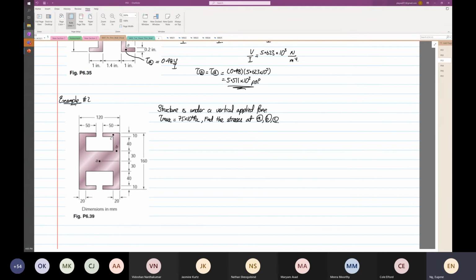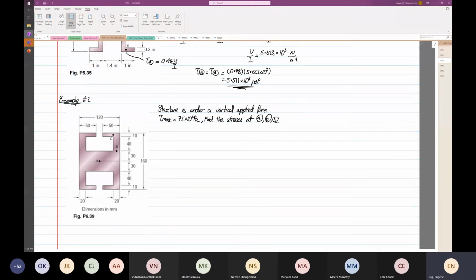Can someone tell me why this problem is kind of difficult? Anyone? What can you see from this example? Is it both thick and thin wall? Yeah.